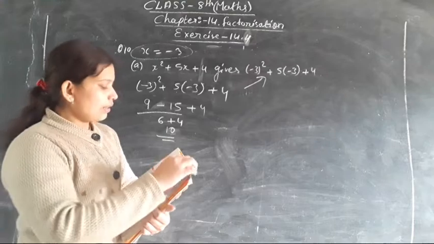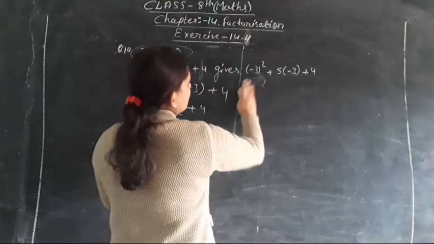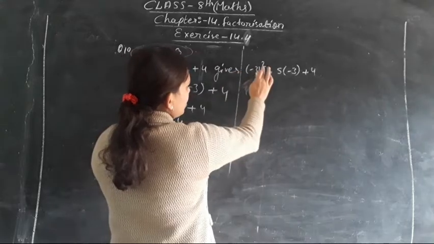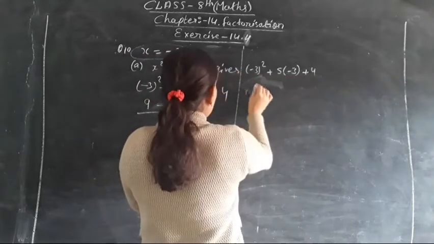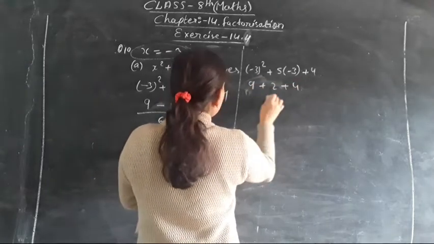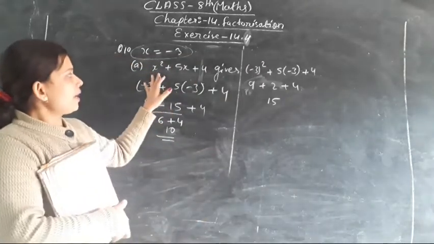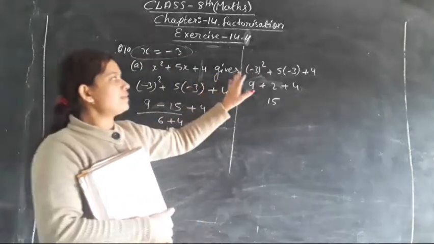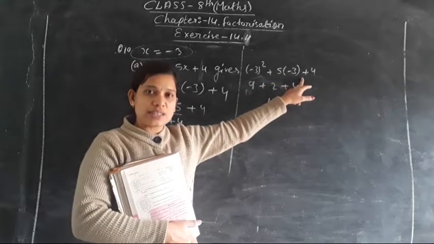Now in the second part, some expression is being given. Let's write the expression. It gives minus 3 square plus 5 into minus 3 plus 4 is written. Then after it is written 9 plus 2 plus 4 which gives 15, it says. That means in the equation x square plus 5x plus 4 gives minus 3 square plus 5 into minus 3 plus 4, it says, isn't it?